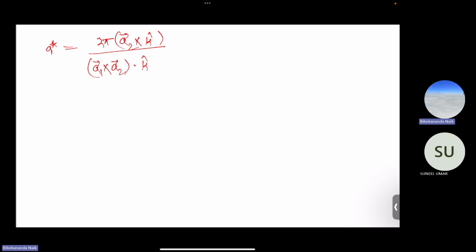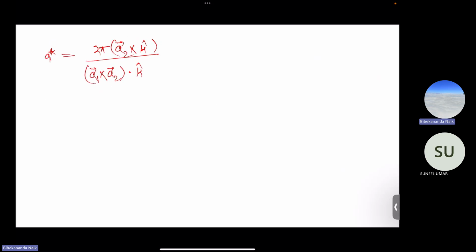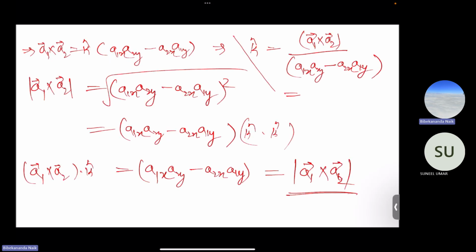If you put the value of k cap here, the value of k cap is A1 vector cross A2 vector divided by the magnitude of A1 vector cross A2 vector.